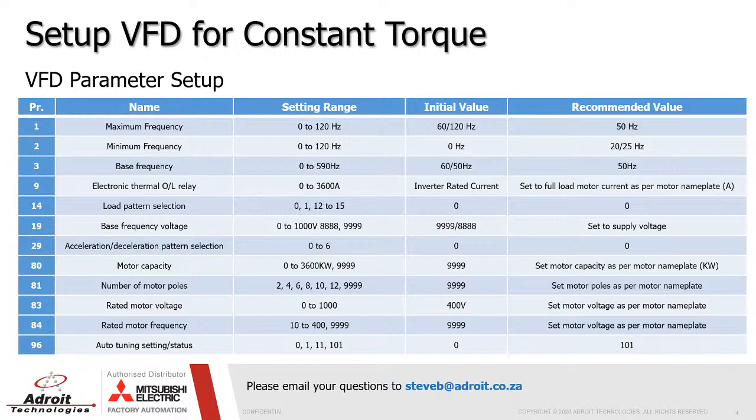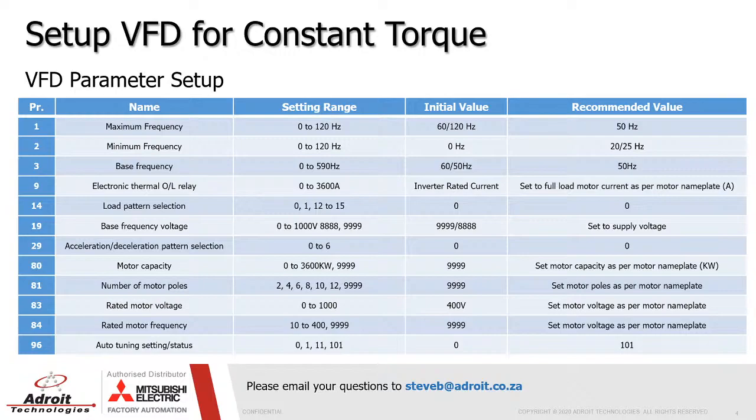Parameter 83 will be the rated motor voltage, which by default is set to 400, but if your motor nameplate says it's 380 volt, you're going to need to change that to 380 volts. Parameter 84 will be the motor rated frequency, and as standard in South Africa, the motors will be rated at 50 Hertz.